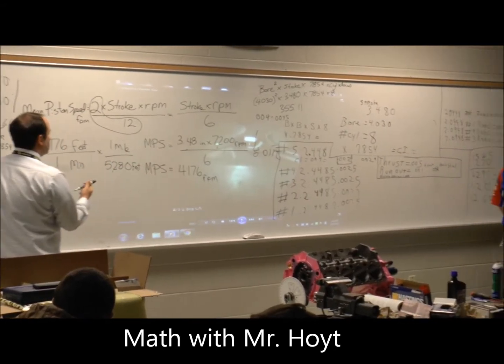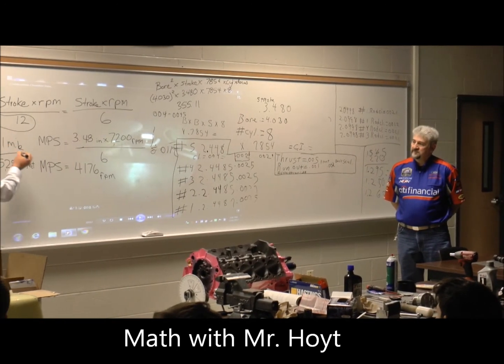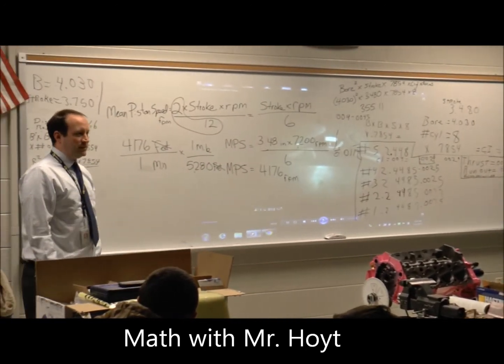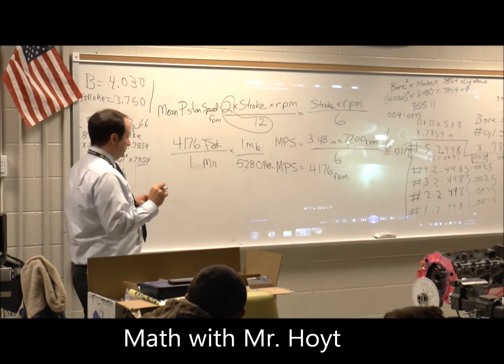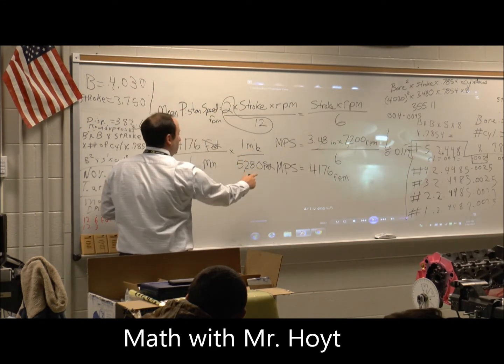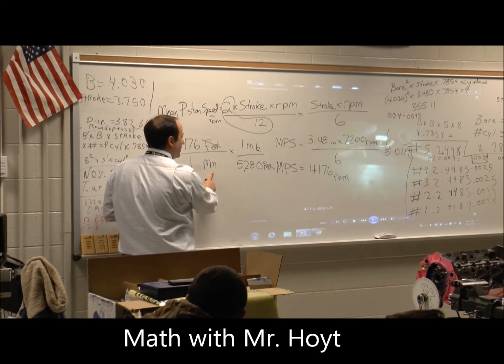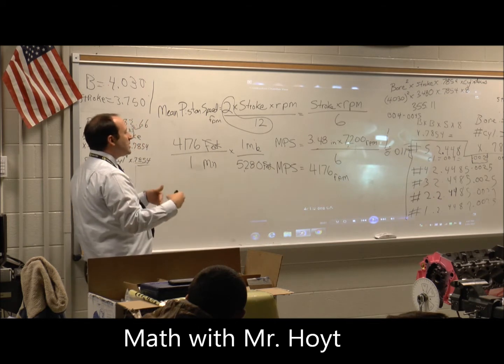Because it doesn't matter, right? Multiplying by 1 doesn't change the value, but in this case, it changes what it looks like. It changes the units that it's in. So when we're talking about feet, I put feet on the bottom because I wanted to eliminate the unit feet. You guys have done this in 9th grade. And then I've got miles per minute, but I want miles per hour. So I really need to change this into hours. So what should I multiply by?